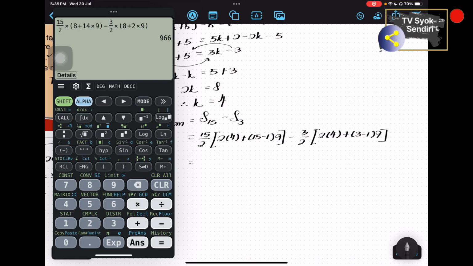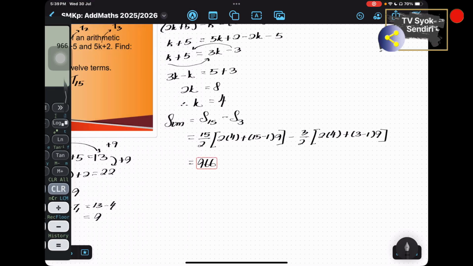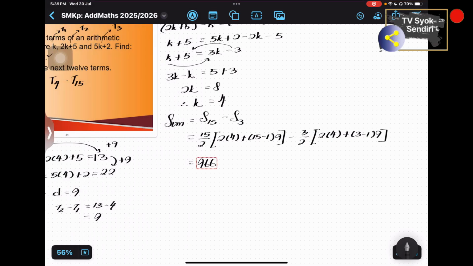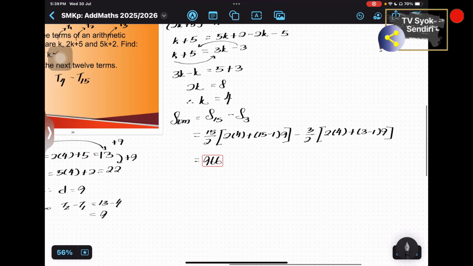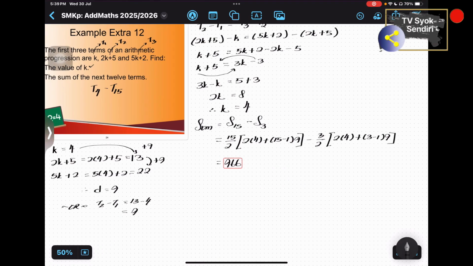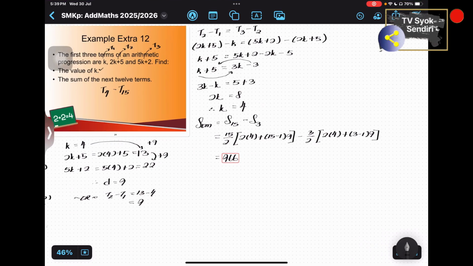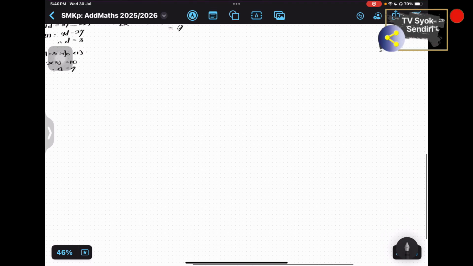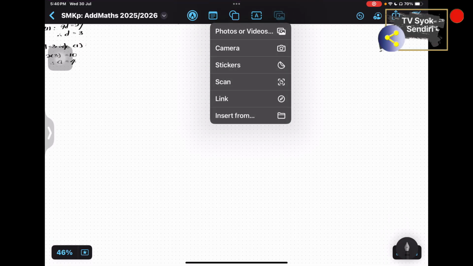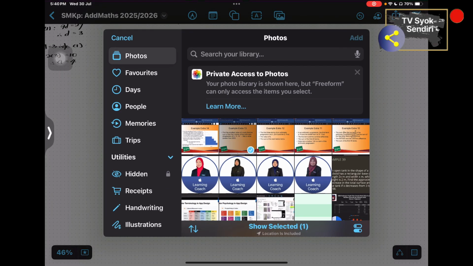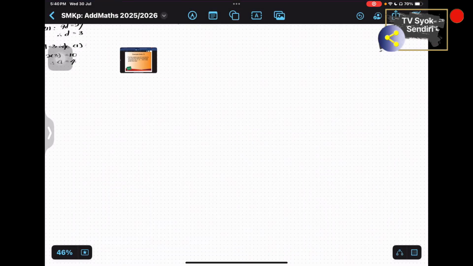Now I'm going to get the number 966. So this one is my final answer, S15 minus S3, which is 966. This is how we solve for your extra number 12. Now after 12, we need to settle 13.